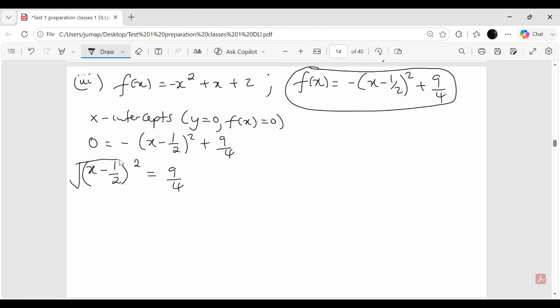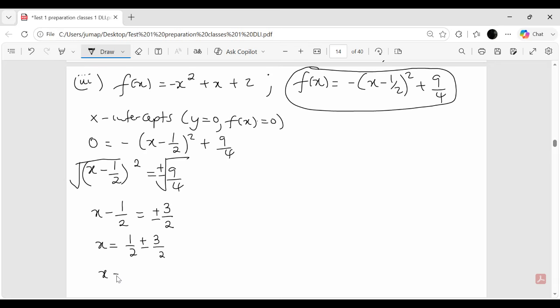Then you take the square root, meaning that x minus 1/2 is equal to plus or minus the square root of 9, which is 3, over the square root of 4, which is 2. So x is equal to, the 2 comes to this side, 1/2 plus or minus 3/2.